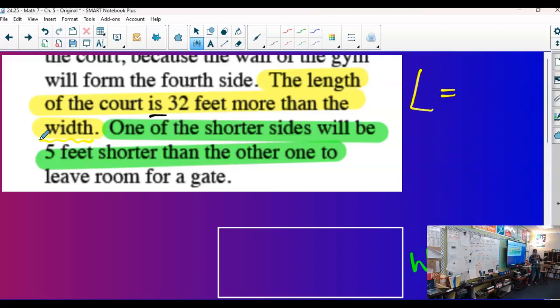What did we call it? W. So W, but 32 more than that. Yes, and that's what we need to label. Yes, it's the length, but it's not L plus 32. It's W plus 32.